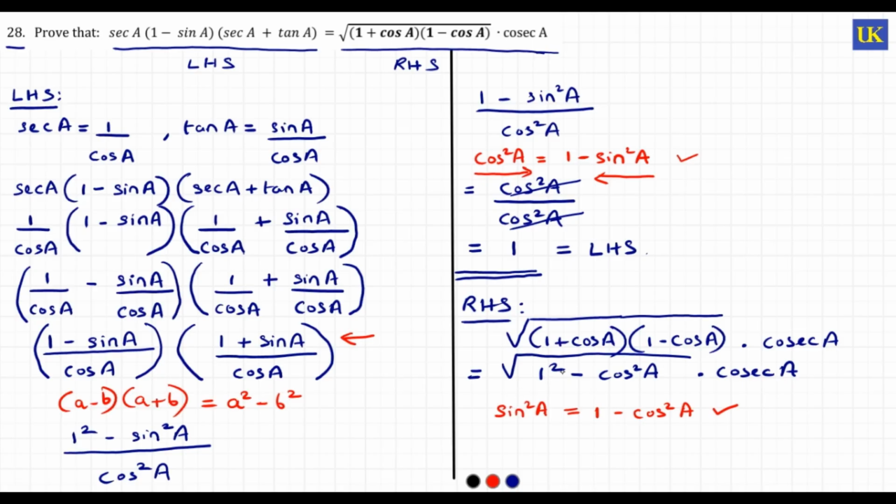Now it is 1 square, and whether you say 1 square or 1, it is one and the same, so I will treat it as 1 minus cos square A, and instead of this I will write sine square A. So this is equal to under root sine square A, and outside I will write cosec A.